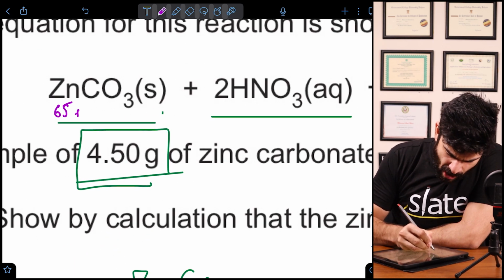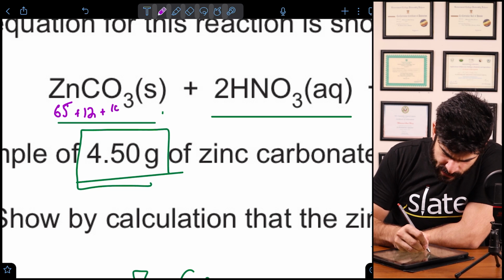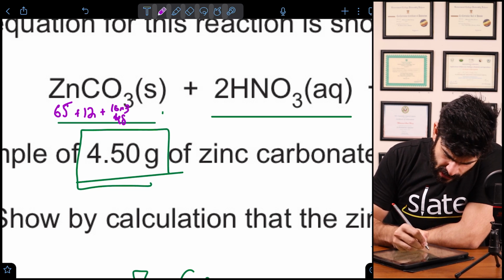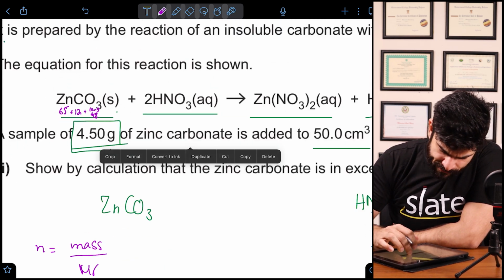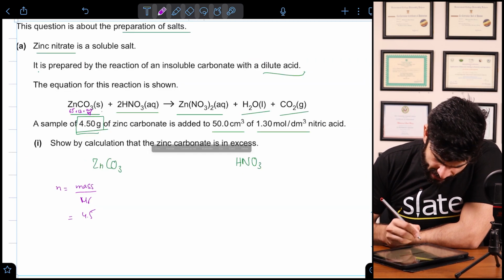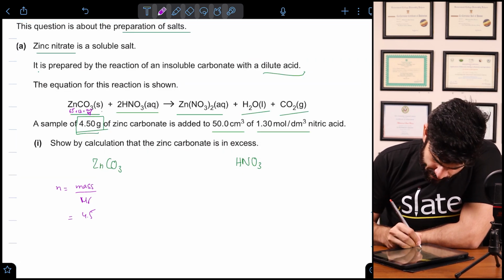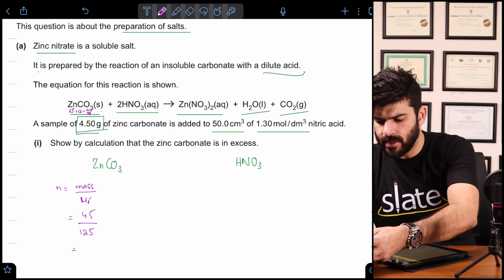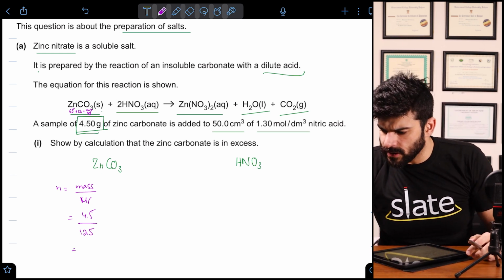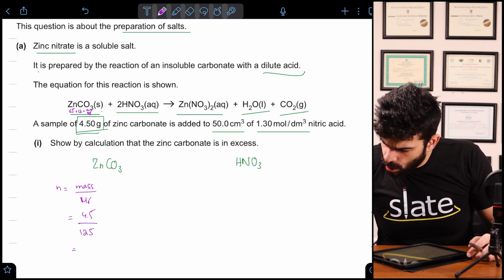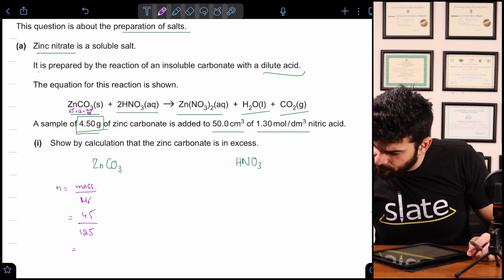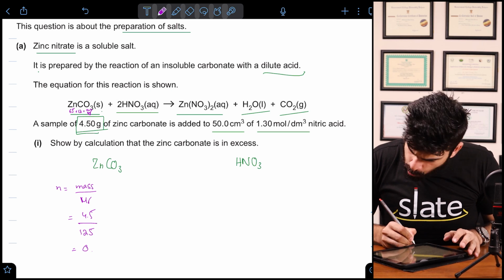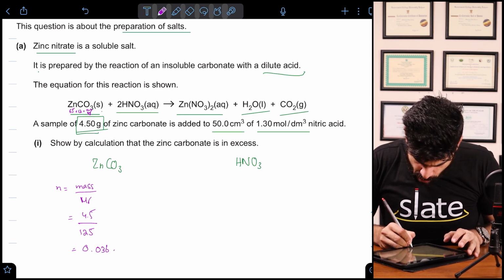Zinc is 65, carbon is 12, 16 into 3 is 48. So that makes it 60, 60, 125. So 4.5 will be divided by 125. Let's see what's the answer. What's the answer for this calculation? So 4.5 divided by 125, that is 0.036 moles.